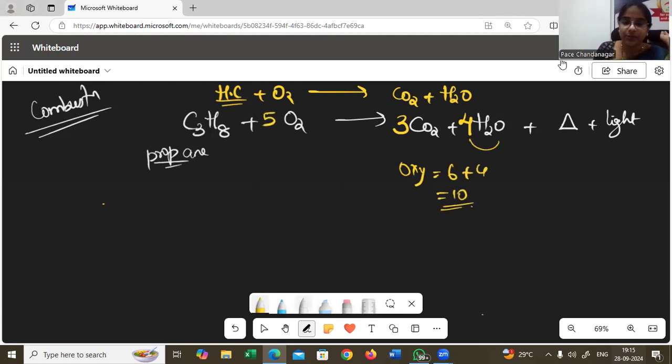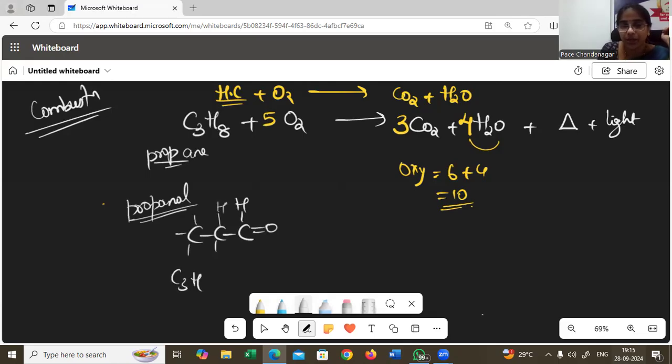Similarly, if I have propanal, it has carbons 1, 2, 3, and then al is aldehyde, which is CHO. So write it down: C3H, how many H? 1, 2, 3, 4, 5, 6, so it is C3H6O.